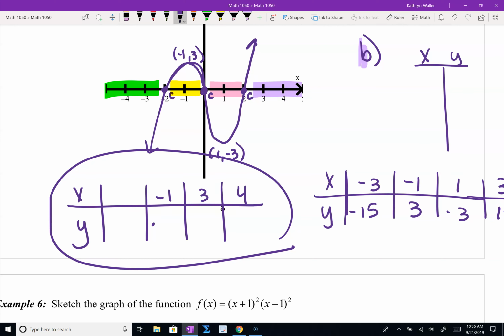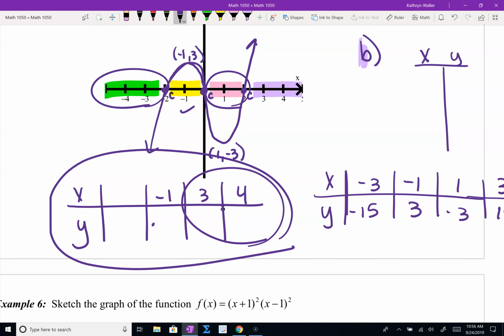How many am I testing? 3. It looks like I'm testing 3. I'm not testing 3. I'm testing what? 2. Because I don't have anything from the green region. I have the -1 from the yellow. I don't have anything from the pink, and those are both from the purple region. So I'm supposed to be testing 4 regions, and I just tested 2 is all I did.